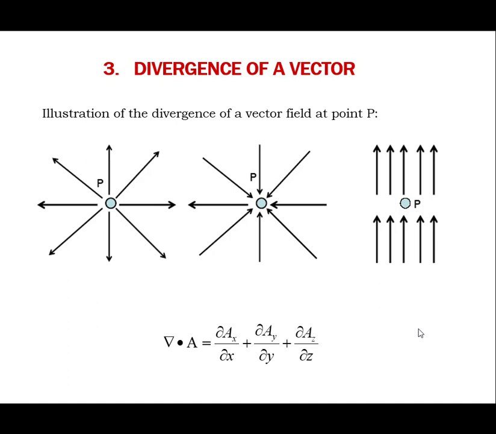The divergence of any vector shows how much field is diverging from any point in question, or how much field is converging to that point. If the divergence of a vector field is positive, it shows that the vector is diverging at that point. And if the divergence of A is negative, then that point becomes a sink for that vector.